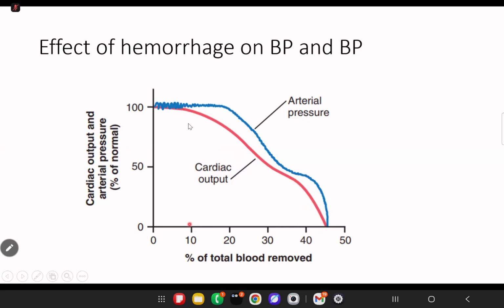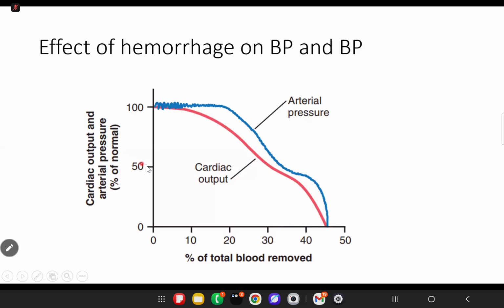So from about 10% of your blood volume loss, your cardiac output starts to fall, and it falls more rapidly after about 35% of the blood volume is lost. Corresponding to this last-ditch stand, there seems to be a little bit of an attempt at stabilizing cardiac output also. But the rapidity of the last part is quite obvious for anyone to see.